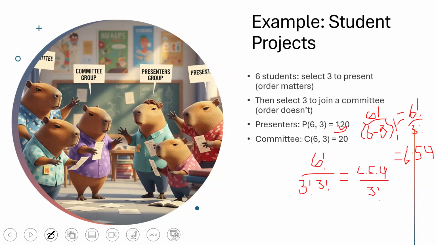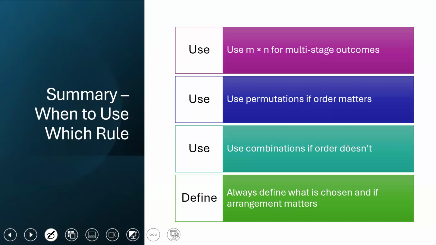But notice 3 factorial is just 3 times 2 times 1, so 6. So I can cancel it with the 6. So 5 times 4 leaves me 20. It's the same group of students, but the structure of the selection changes the math entirely. That's why identifying whether order matters is the first step to solving these problems.